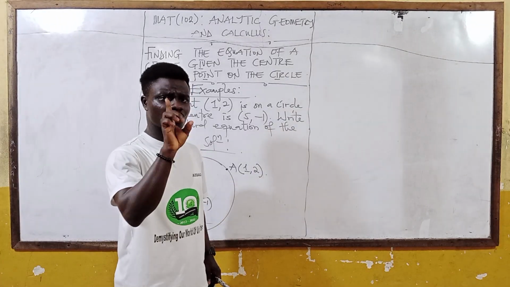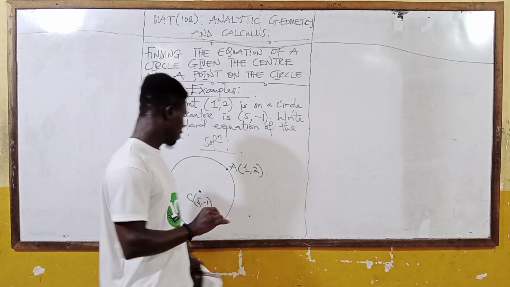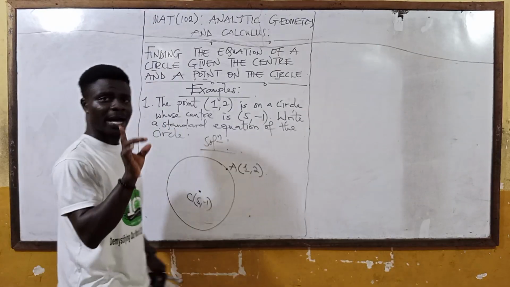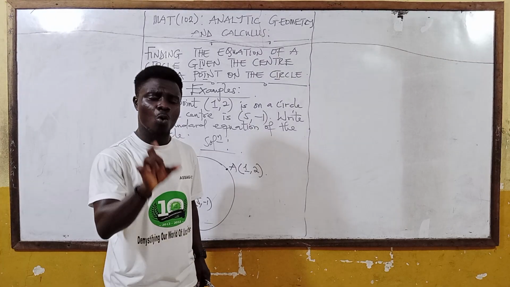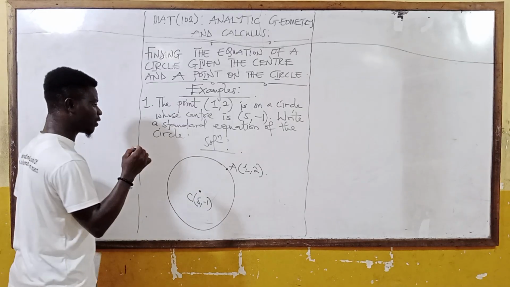if you want to find the equation of a circle, don't forget, you need your center and you need your radius. Now, they didn't give me my radius, so I have to go and find my radius. Now, what is a radius?